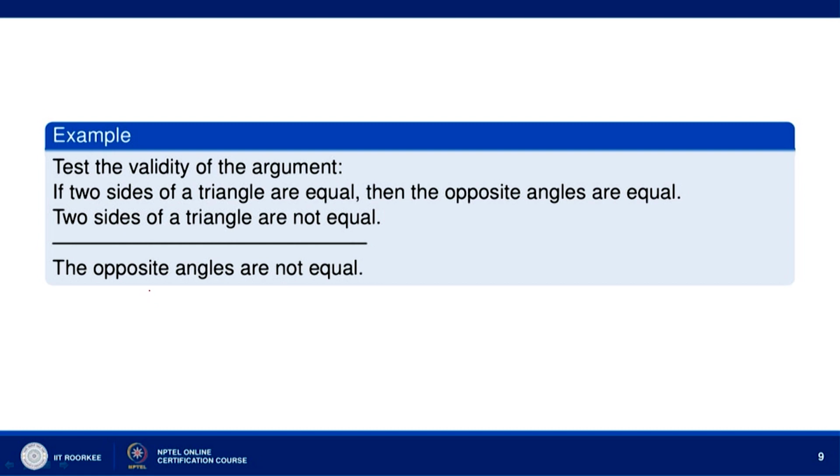So, let us say let P denote two sides of a triangle are equal, and then Q denote the proposition the opposite angles are equal.